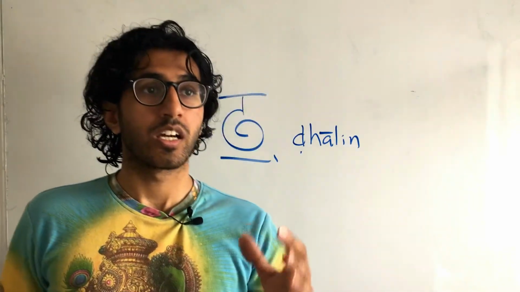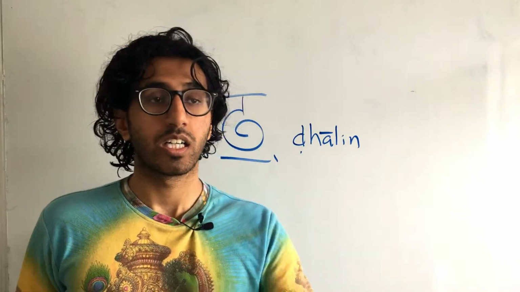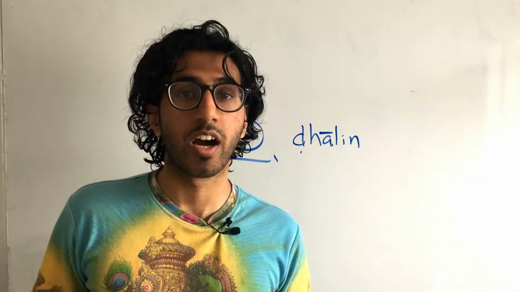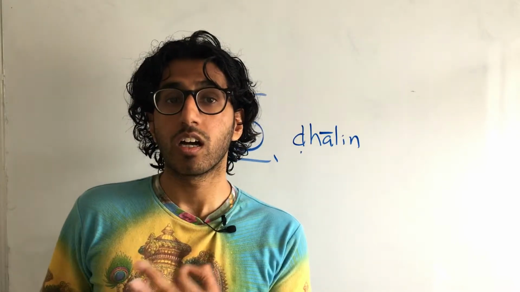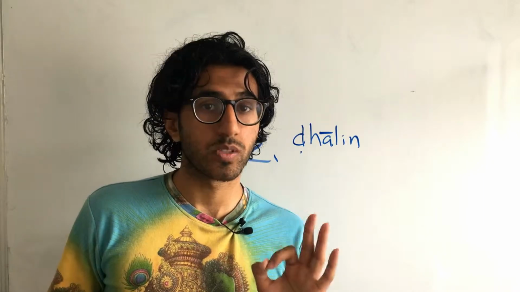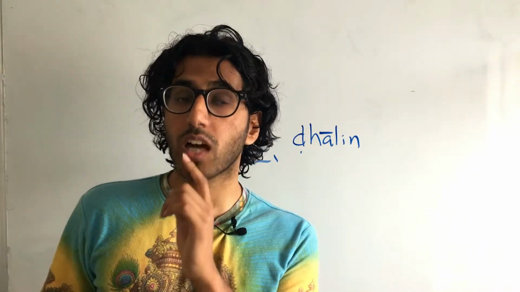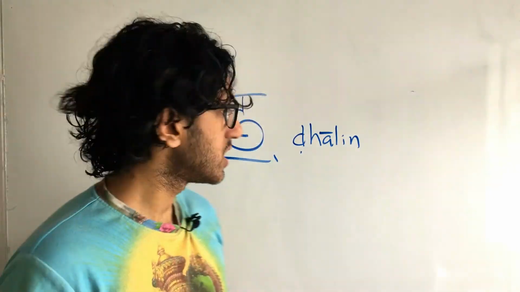The dictionary says dhalin is one who has armor. So just focus on dha. The first one is da, and this one is dha. And same thing: you want to locate where the tongue is at the top, up here, cerebral, retroflex.